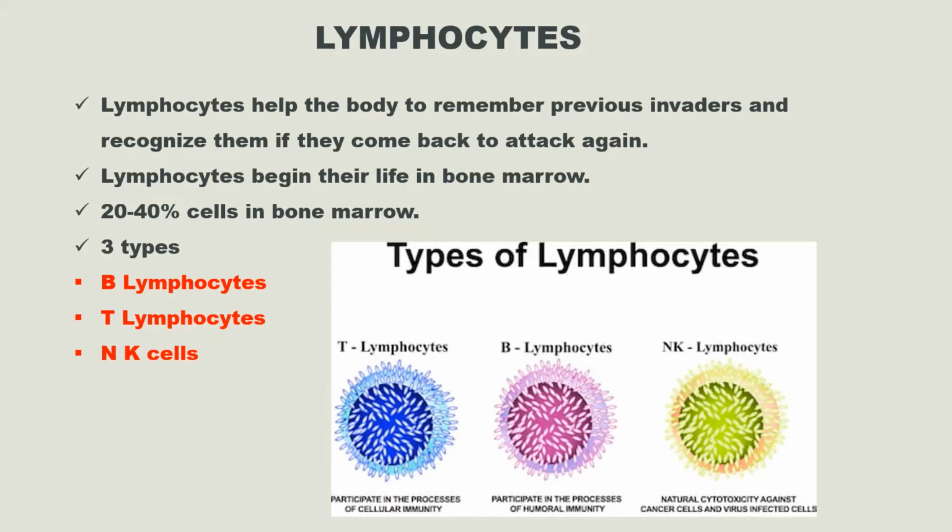They are 20 to 40% of cells in bone marrow. The three types of lymphocytes are B lymphocytes, T lymphocytes and NK cells. NK cells are also called natural killer cells. So this is the picture of T lymphocyte, B lymphocyte and NK cells.